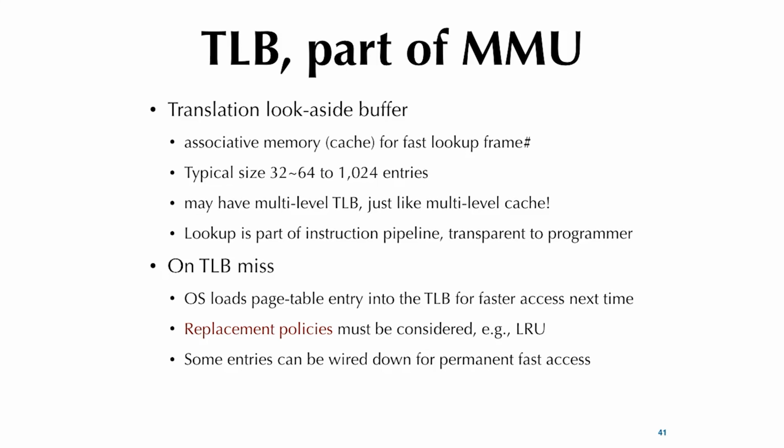As processor caches, you probably know, went from single level to 2-level, 3-level, multi-level caches, TLBs are following a similar trend. You have multi-level TLBs too. The good thing is this is all part of your memory pipeline, so the program doesn't even know it exists. The OS, on the other hand, does need to know. The OS has to manage the TLB entries.